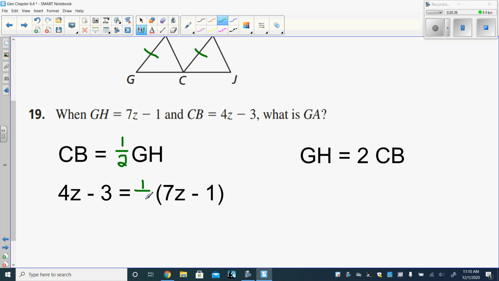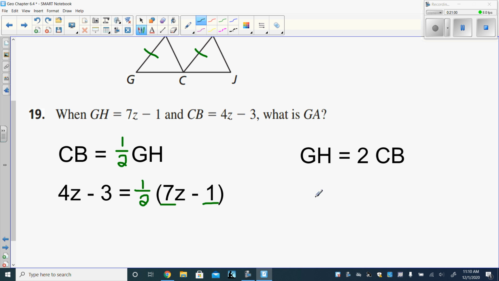Now up to this point, the two numbers that we've been multiplying by 1/2 have both been even, so they would divide evenly. But here, 7 and 1 will not divide evenly, so they'll give us decimals. So this one here, it might be easier to use this one over here.